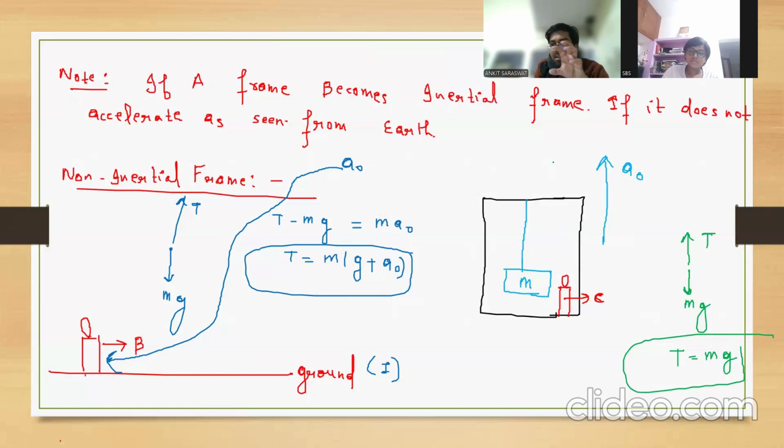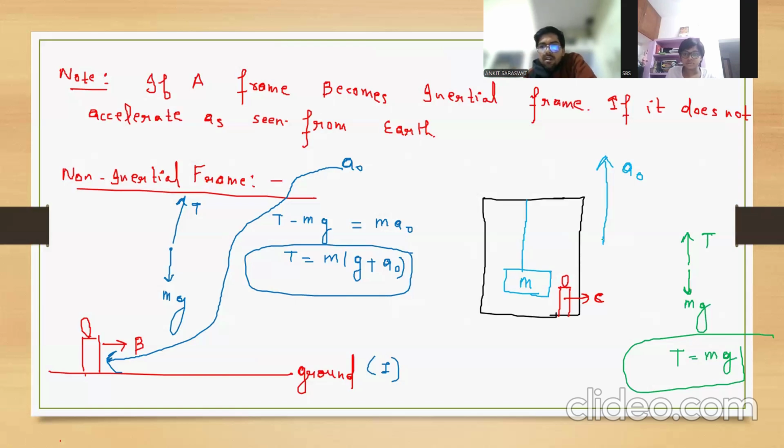In the lift. For C, either you can say C is a frame or lift is a frame. Now my question is, this moving lift is inertial or non-inertial? How do you decide? This lift is going to accelerate a naught.